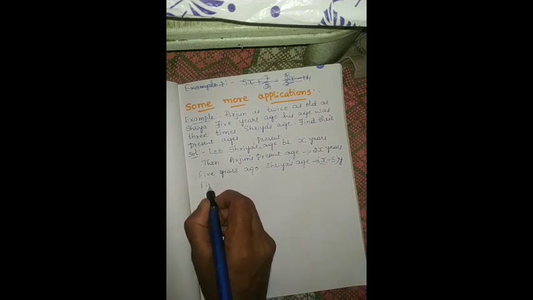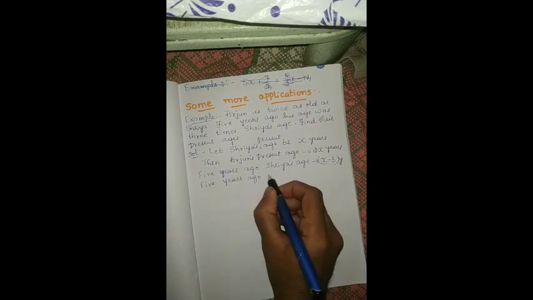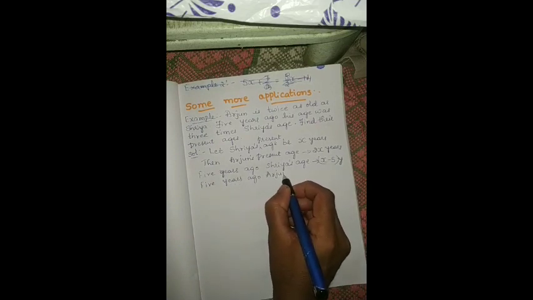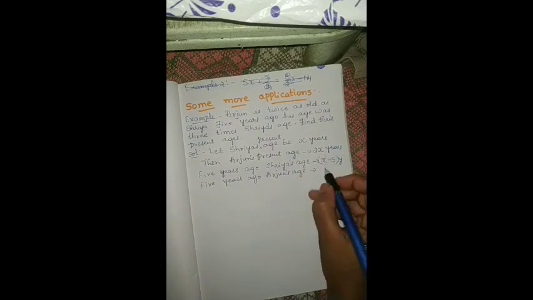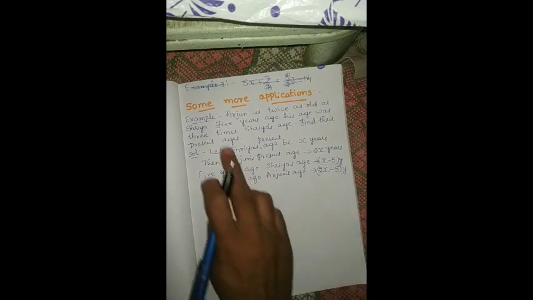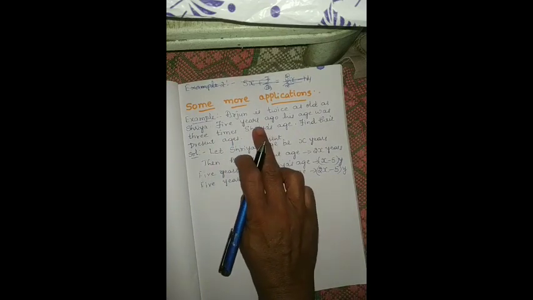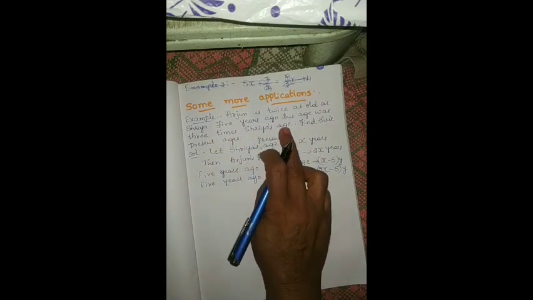And at the same time, 5 years ago, Arjun's age will be how much? 2x minus 5, because his present age is 2x. So 5 years ago his age will be 2x minus 5 years. But what is the criterion given here? 5 years ago his age was 3 times Shreya's age.